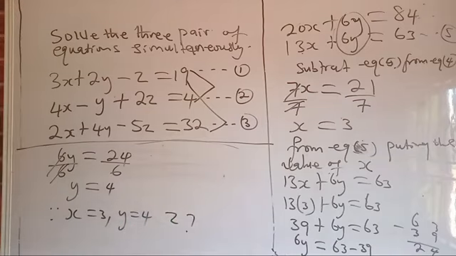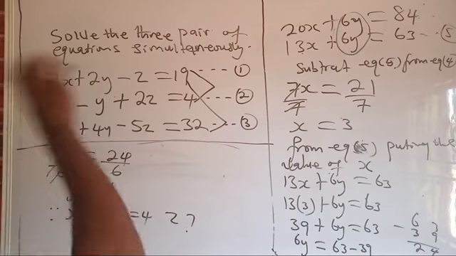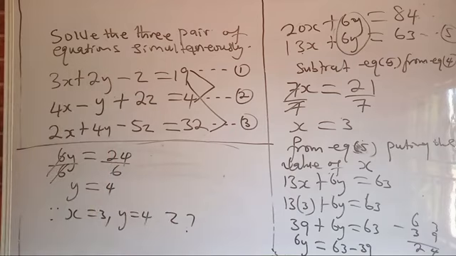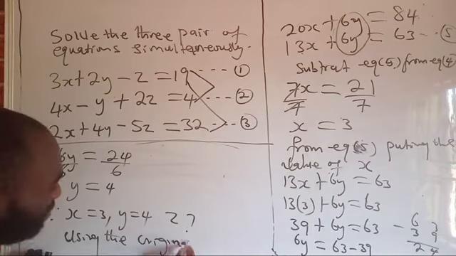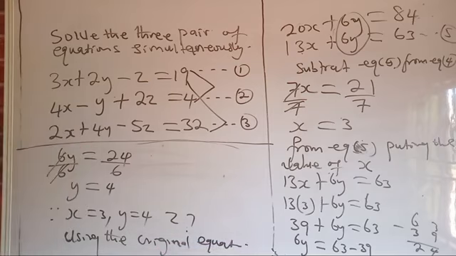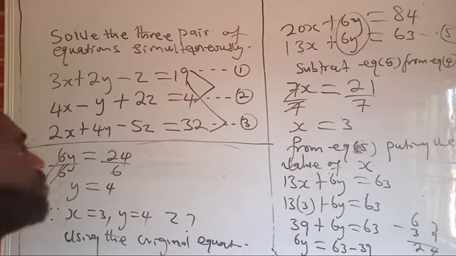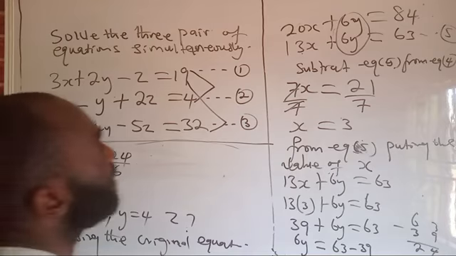So now we are going to use one of the original equations, to put in the values of x and y to be able to find z. So we can use either equation 1, 2, or 3. Let's use equation 1 to find the value of z.